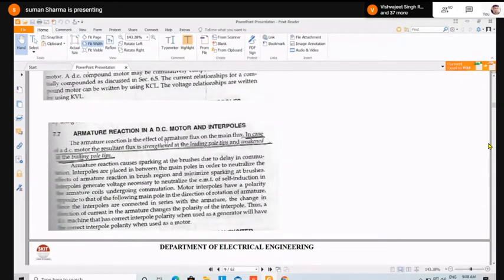And cross magnetization is nothing but the distortion of the main flux. So cumulatively दोनों जब effect consider करते हैं, then there is a reduction in the main flux and it should be avoided. So it can be avoided by using the interpoles for smoother commutation.